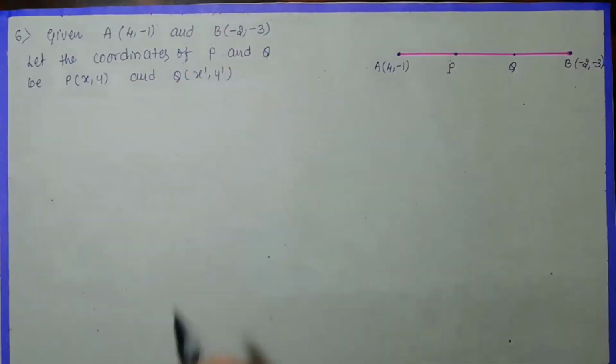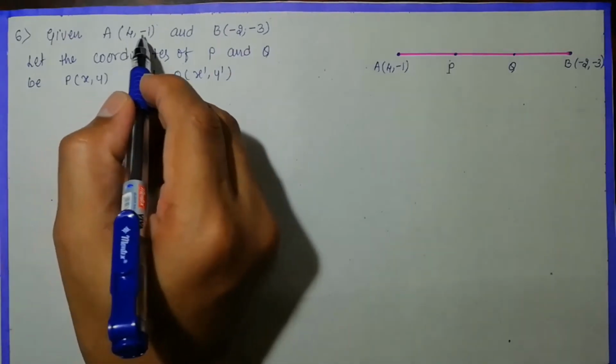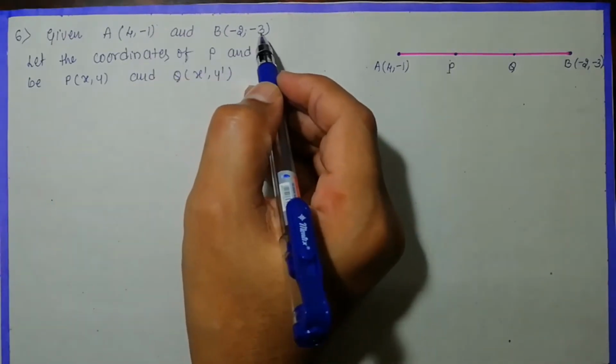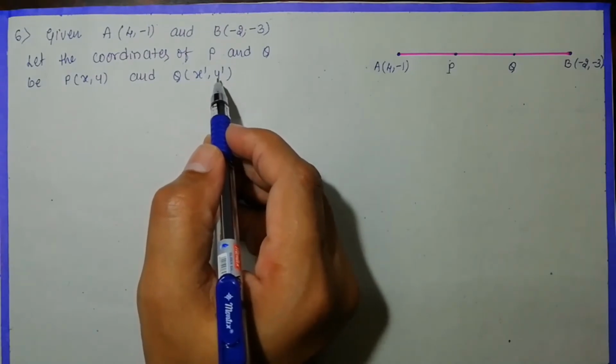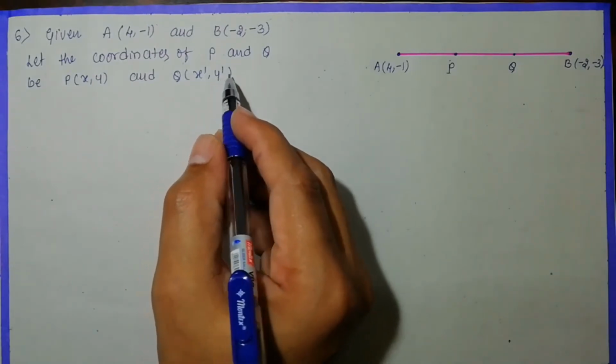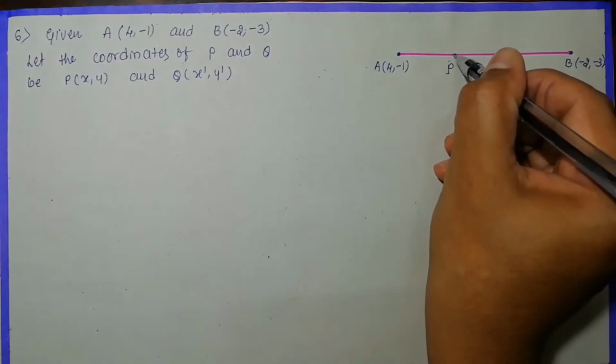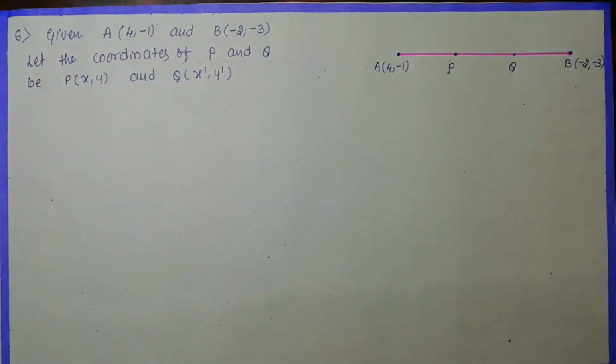Don't consider x1, y1, because I'm going to take this one as x1, y1 and x2, y2. That's why I'm going to put this one as x', y'. So now look at the thing. One thing you have to understand here. First I'm going to find the coordinates of P.